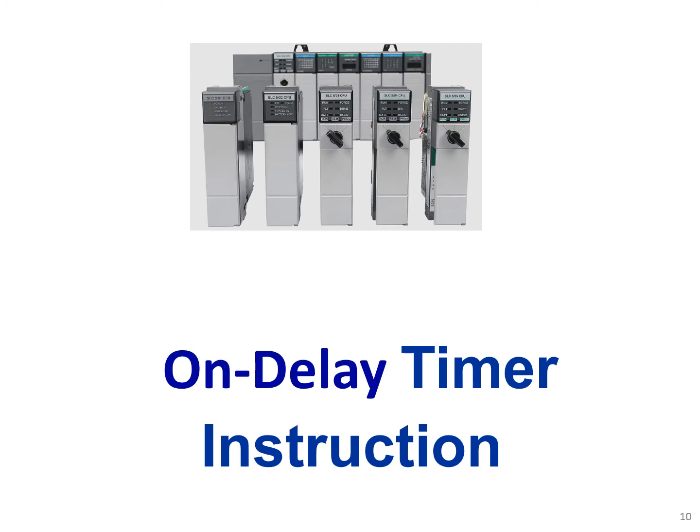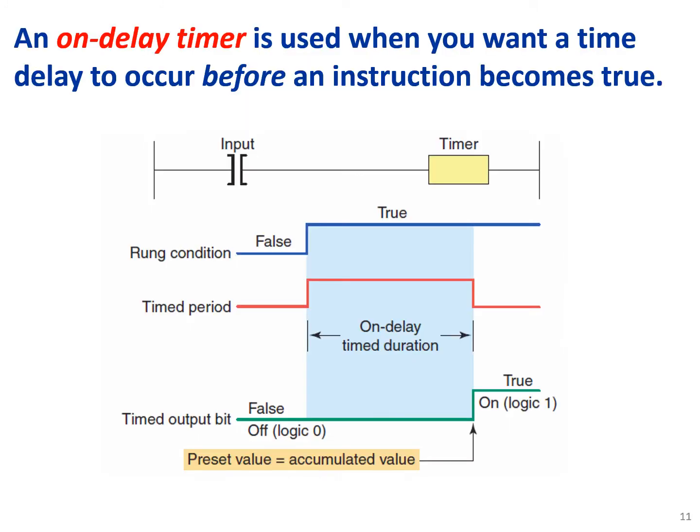Undelayed timer instruction. An undelayed timer is used when you want a time delay to occur before an instruction becomes true. So here we have the input and here we have the timer, and the run condition goes from false to true. So here the input becomes true from false. Now this is the time period. The time period starts right after the input goes to true.